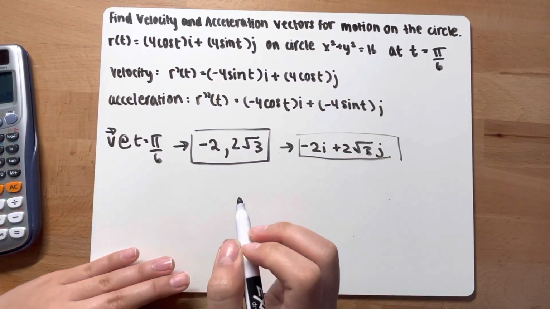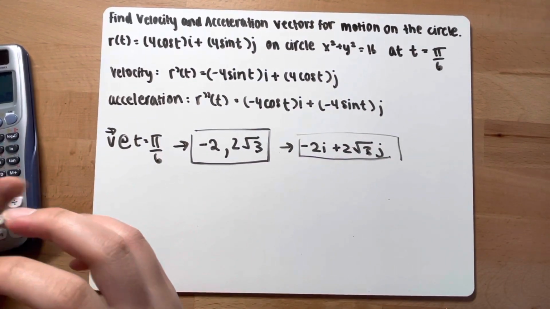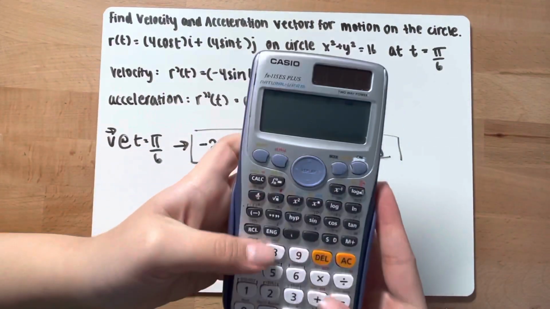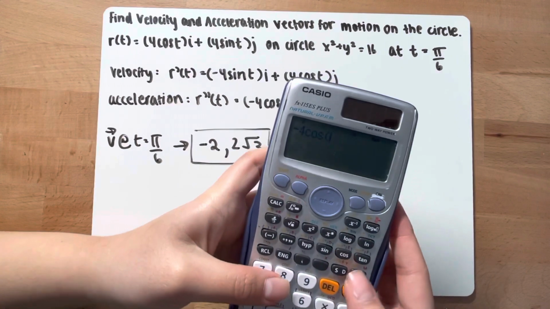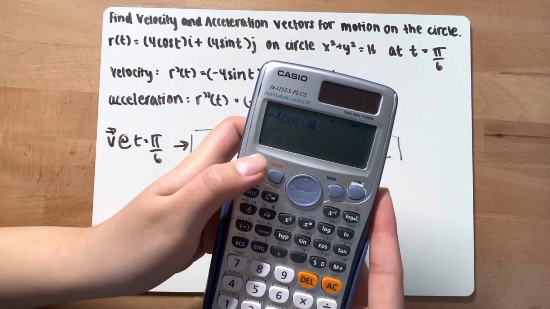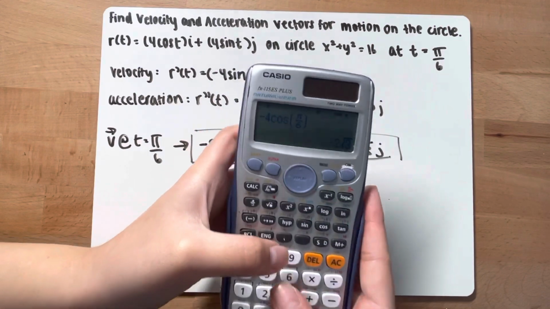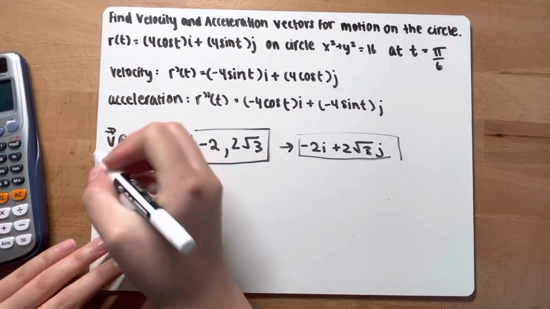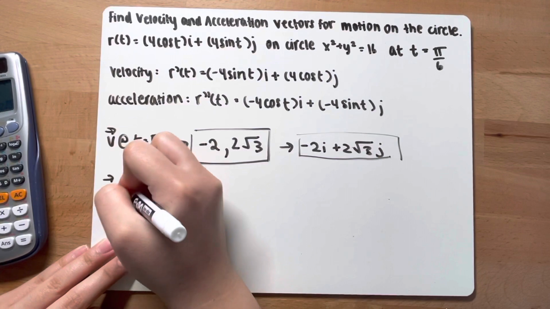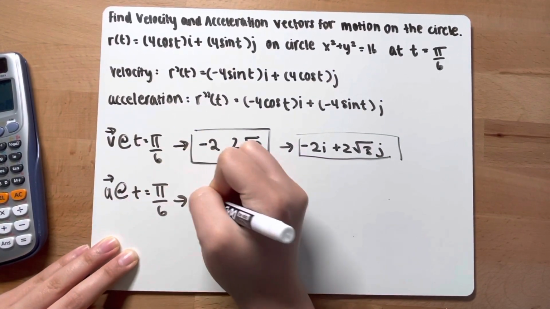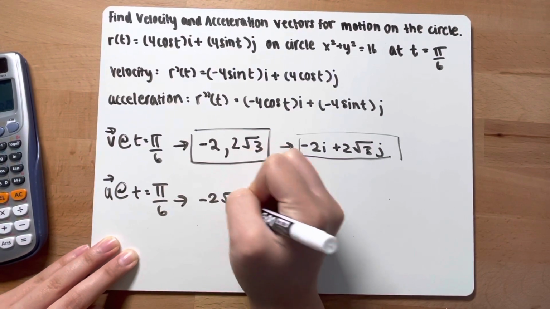Moving on to acceleration, plug pi over 6 into t, so you get negative 4 cosine pi over 6, which gives you negative 2 root 3. So a at t equals pi over 6, you get negative 2 root 3.